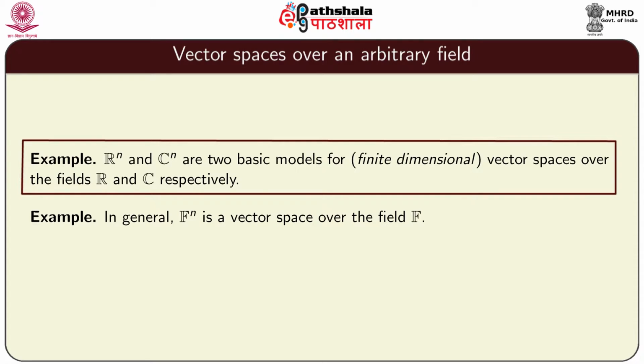And the base fields are different in these two cases. For Rn, the base field is the field of real numbers denoted by R, and for Cn, the base field is the field of complex numbers denoted by C. So, it is very important that we mention the base field whenever we talk about a vector space, because if the base field changes, then the vector space structure may change, the vector space structure may not exist.